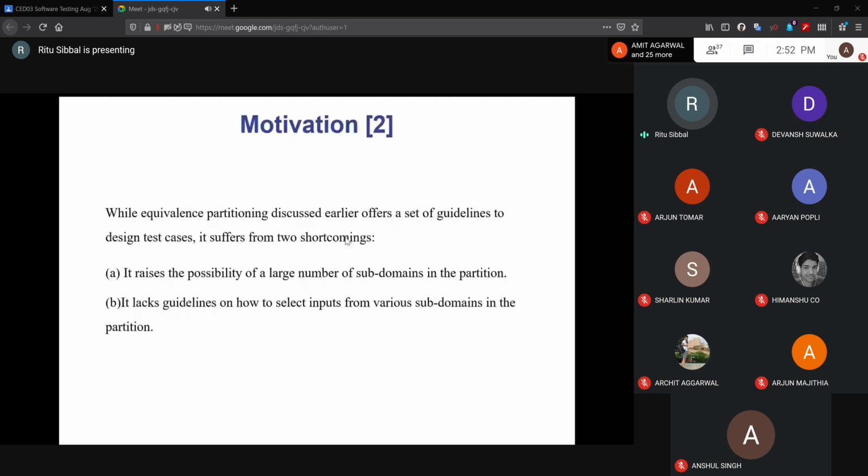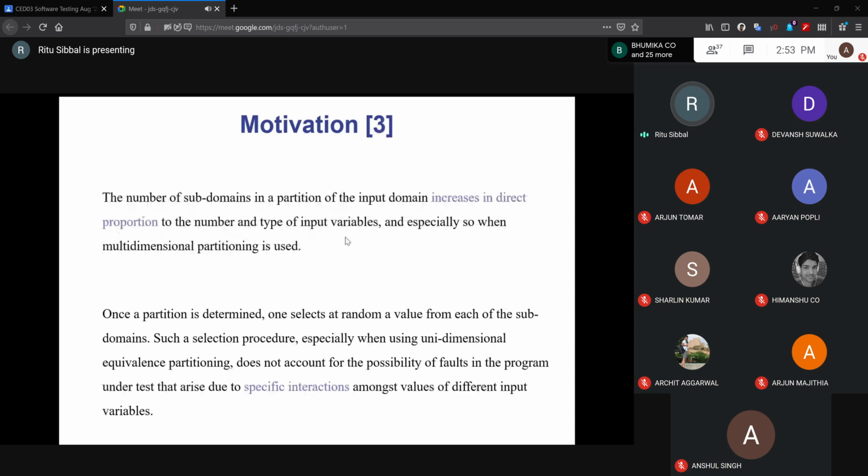If you remember, in equivalence partitioning, we just make partitions and we randomly pick up test cases or input values from those partitions. There is no guideline on how to select inputs from the subdomains of the partition. So the number of subdomains in a partition of the input domain will increase in direct proportion to the number and type of the input variables.